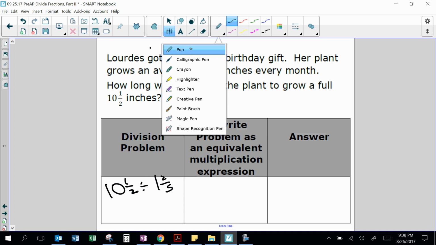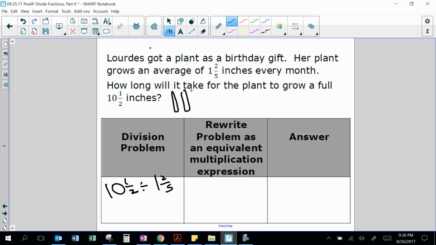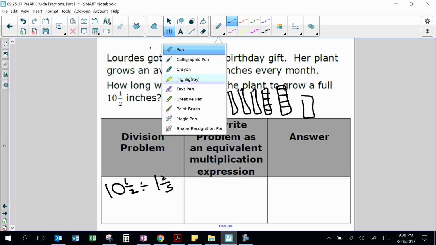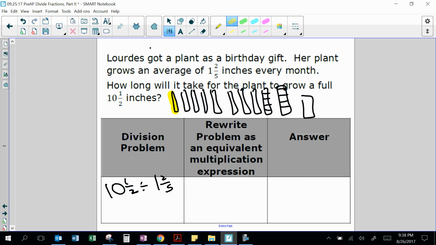So if I drew it, 1, 2, 3, 4, 5, 6, 7, 8, 9, 10 and a half, and I divided this one into fifths and this one into fifths, let's try to estimate. I'm not going to find an answer, I'm just going to estimate right now. So 1 2/5.